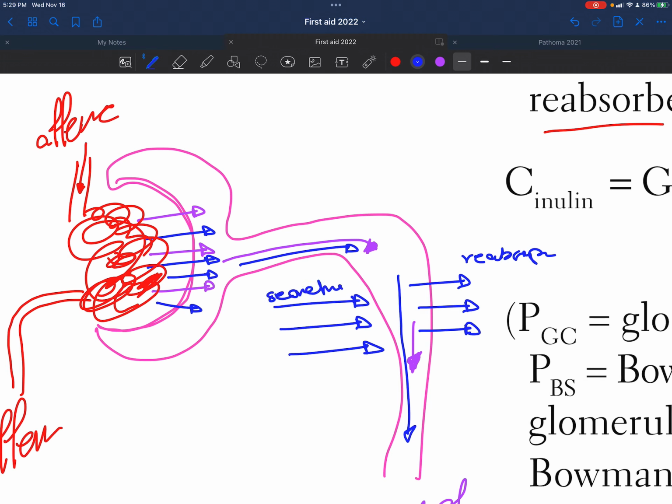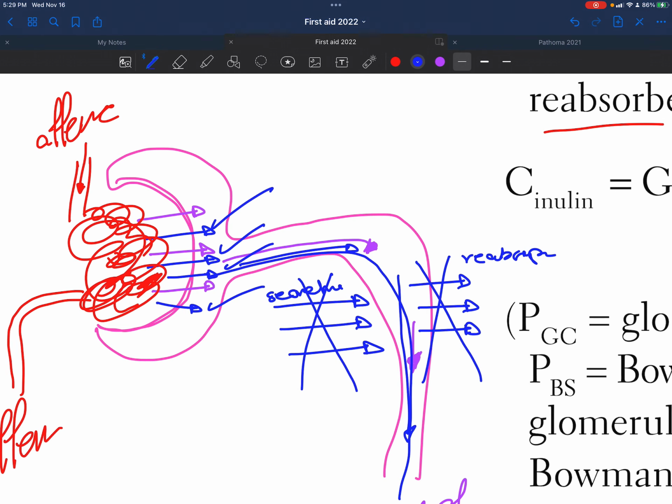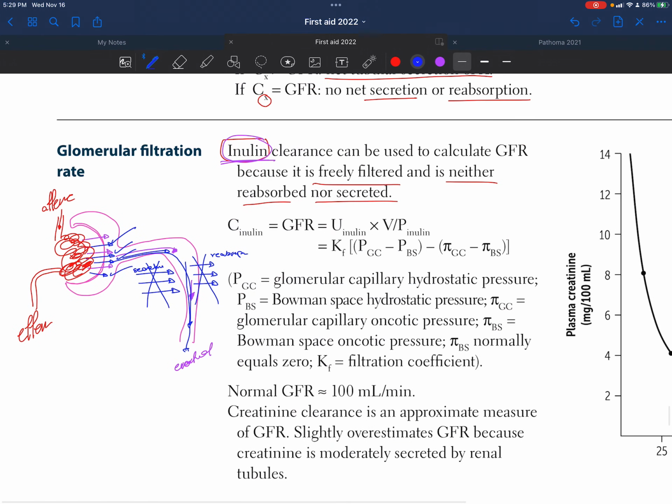So what happens with inulin is that it's completely filtered, these blue arrows, and then it's neither reabsorbed nor secreted. The whole amount just gets filtered and then moves as urine to the outside of the body. That's why it tells us how much is actually getting filtered, and why we use it for the exact estimation of the GFR.